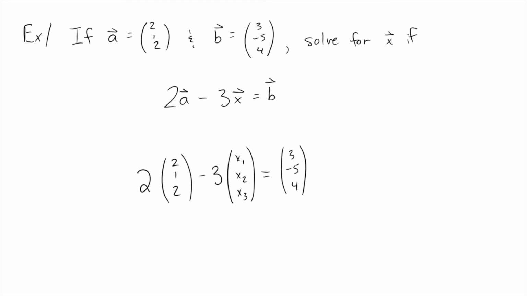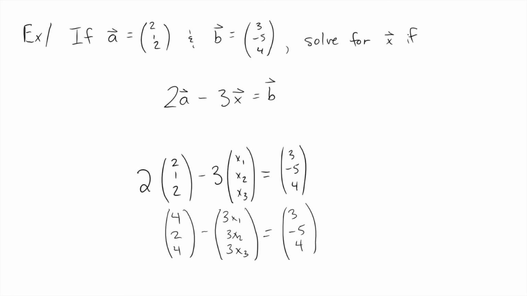So I'll multiply the 2 into this vector, and I get the vector 4, 2, 4. I will multiply a 3 into this vector, and I end up with 3x1, 3x2, and 3x3. And now all of that is equal to 3, -5, and 4.